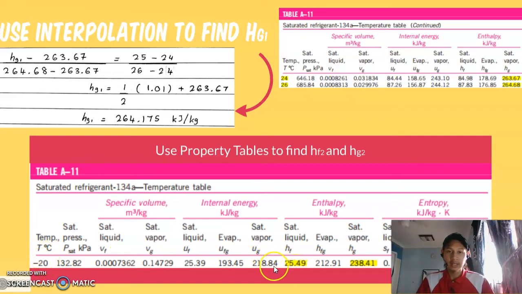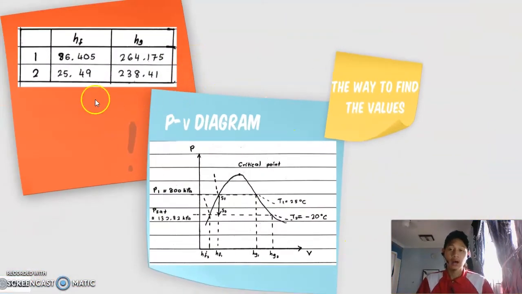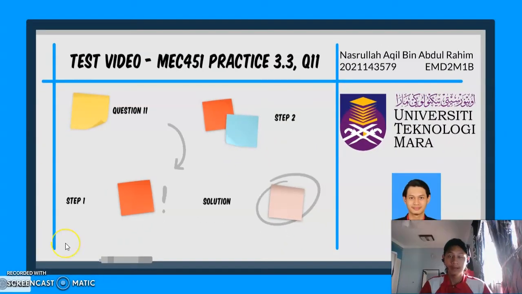So this is the HF2 value, which is 25.49 kilojoule per kilogram, and this is for the Hg2, which is 238.41 kilojoule per kilogram. That's how I found the value for the HF and Hg for the 2 points. Lastly, we go to the solution.